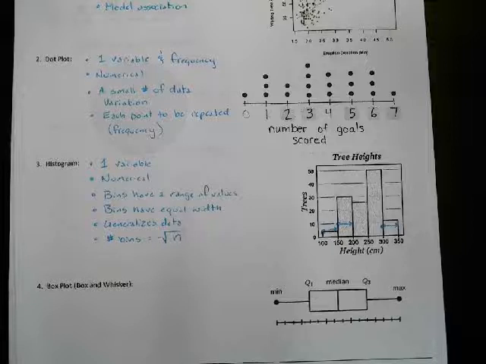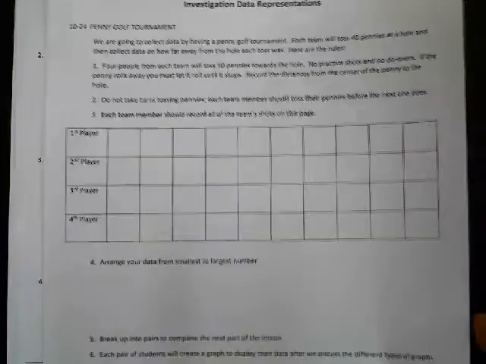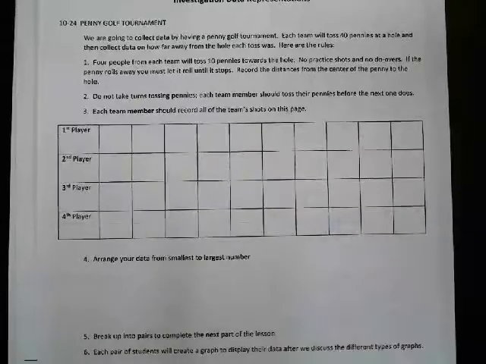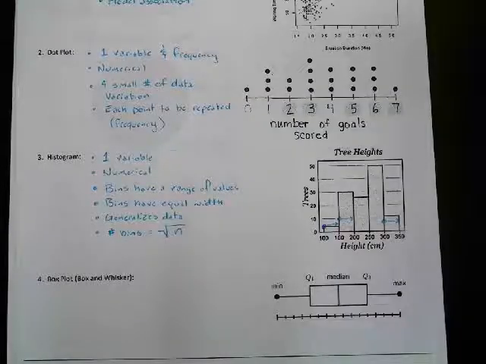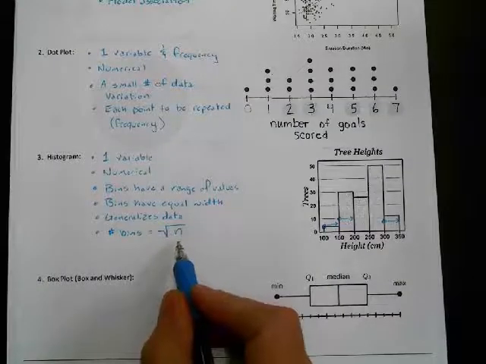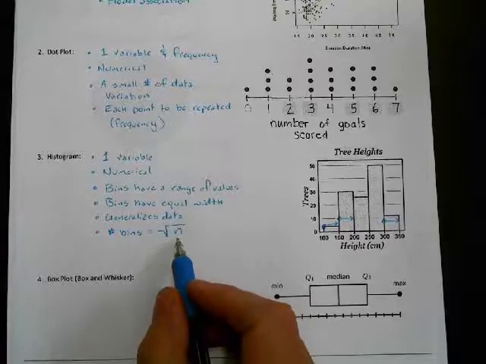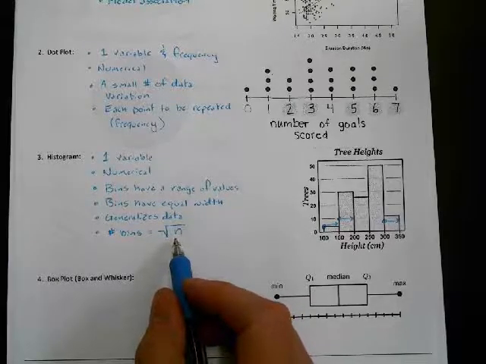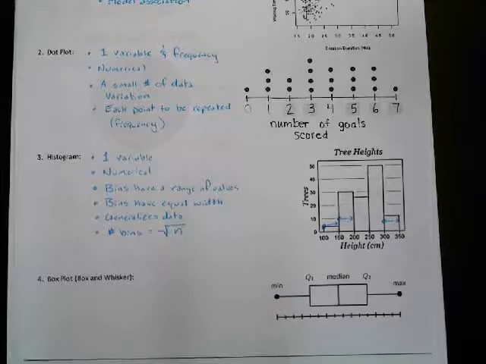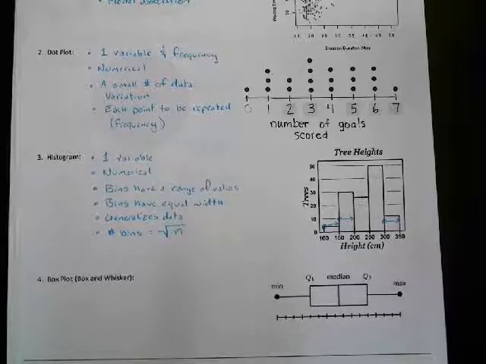So in our case over here, we had 40 different penny tosses. So when you have 40 numbers, the square root of 40 is close to 6. So we decided in our class to do 6 bins because, you know, it works. You don't have to. This is just a good rule of thumb.